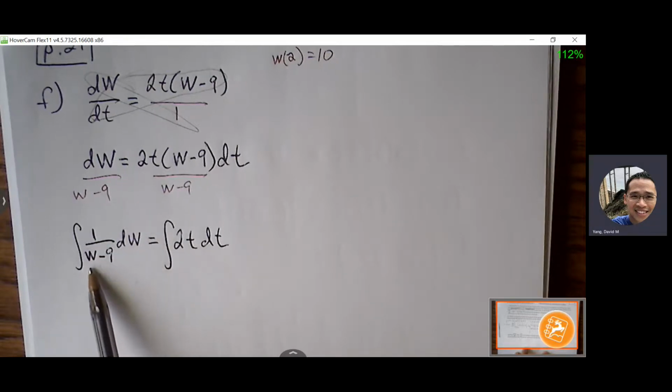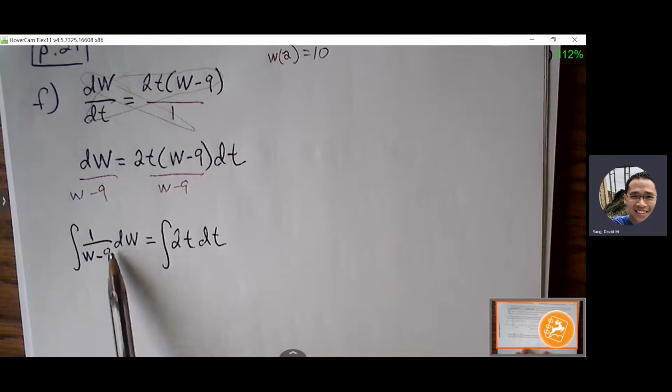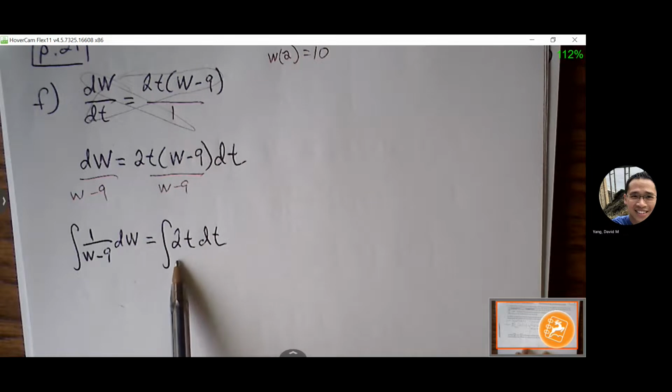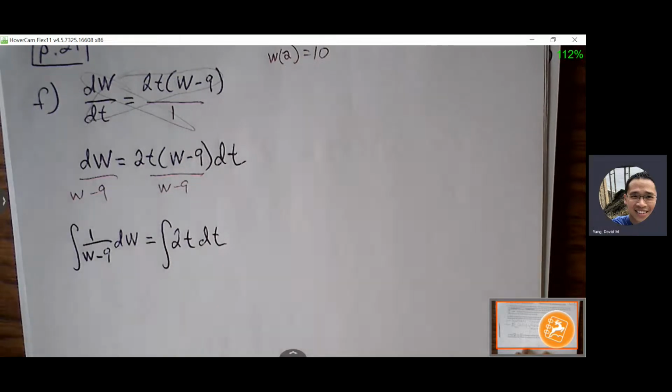Yeah, use substitution. If you're comfortable with recognizing that this U value is not going to produce any derivative except 1, you can jump to 1 over U and natural log. You can skip a number of steps if you're comfortable, but if you want to go through the full U substitution, I'll go through those steps. And the right side is just using what? Just power rule. Okay, good.